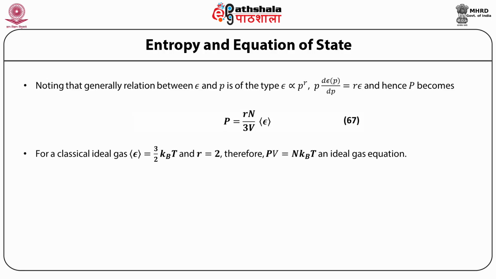For a classical ideal gas, the mean value of epsilon is equal to 3/2 kBT and r is equal to 2. Therefore, PV is equal to N kBT, the ideal gas equation.